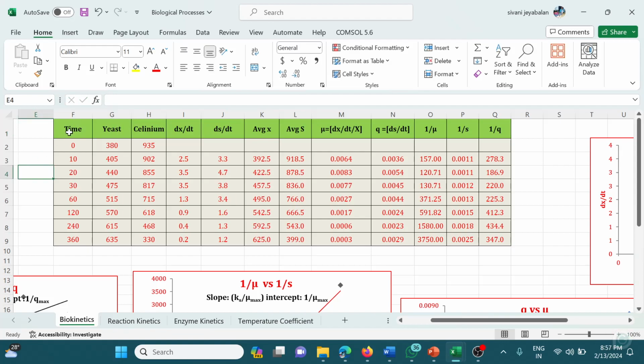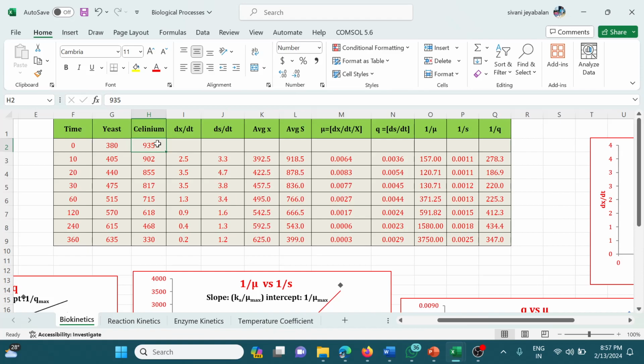So all you need is only this much data. With respect to time, how your yeast is growing, how much selenium is being consumed. Yours is a batch process, right? You will be putting it inside one beaker or conical flask.